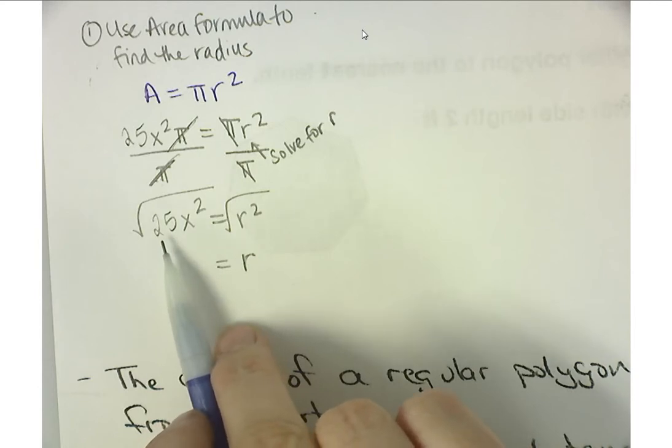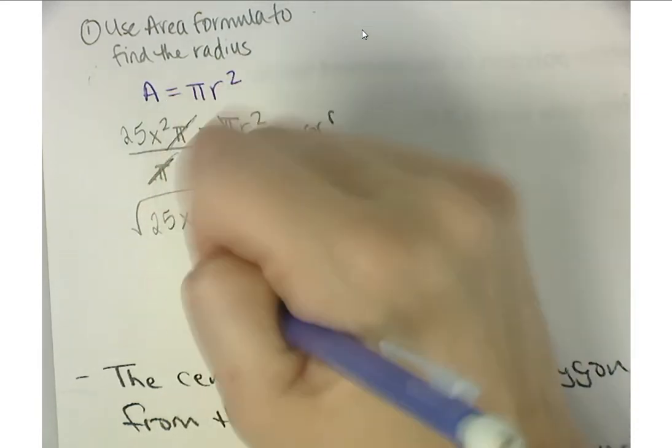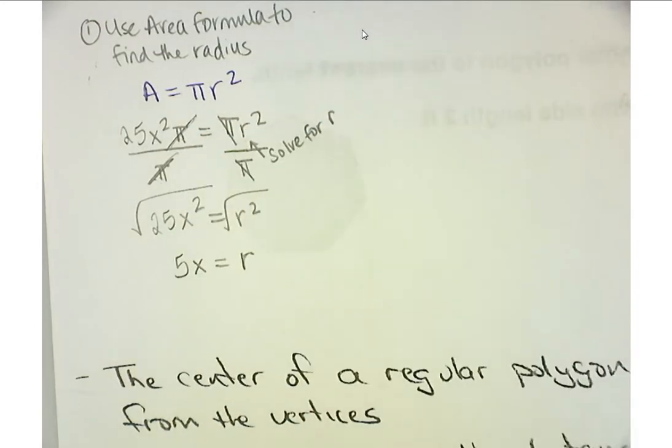You're close. So the square root of x squared is what? X. What's the square root of 25? Yep, so it'll be 5x. 25 is a perfect square, so the square root of 25 would be 5. Square root of x squared is going to be x.